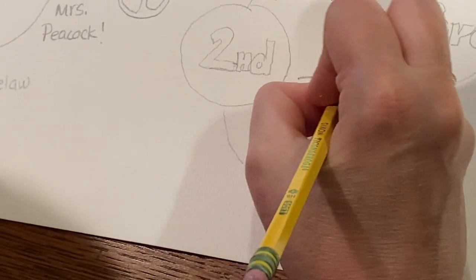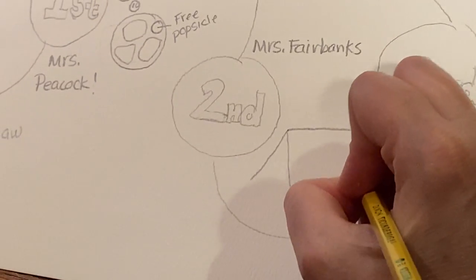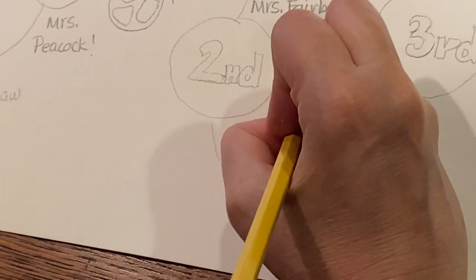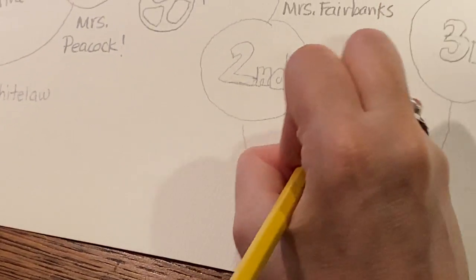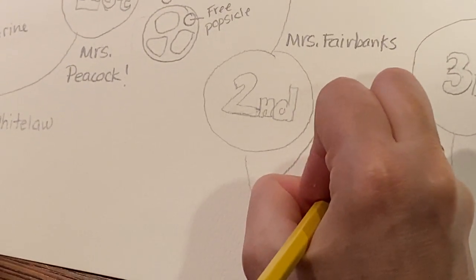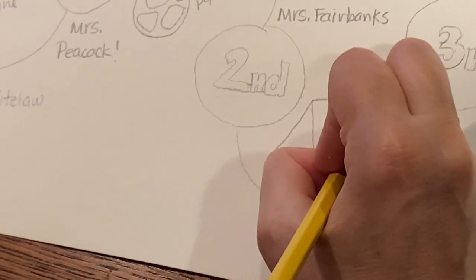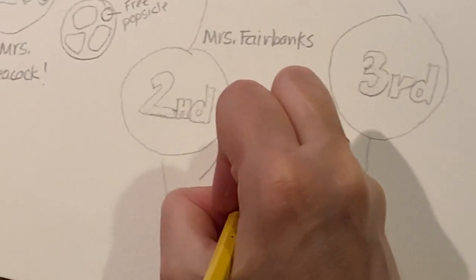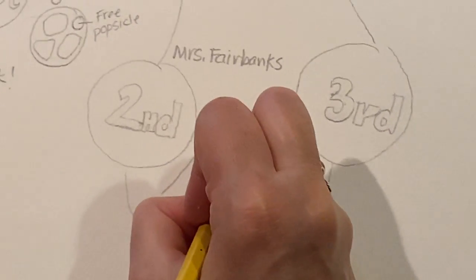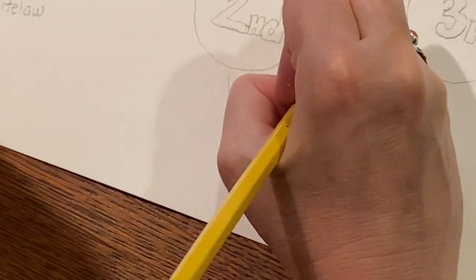I think I'm going to draw a swing set because that was big, big fun in the day. So there's the swings. Such a good artist. And then, let's see, I'm going to draw me.